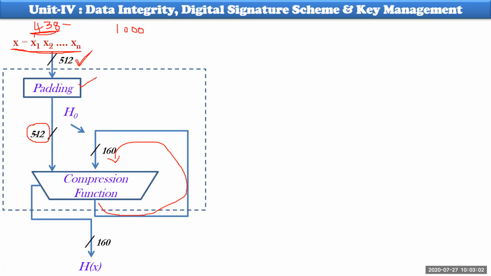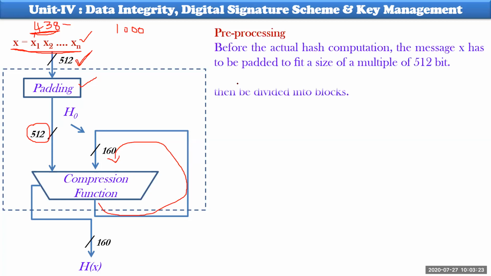After padding, it is converted from 448 to 512, and the 512 is sent to the compression function, which is reiterated based on the number of pieces of your actual plain text X. Like this, the high-level operation is done here.